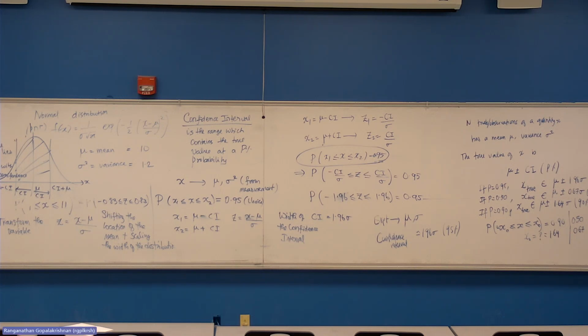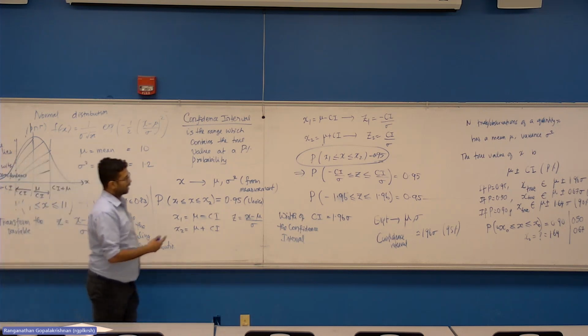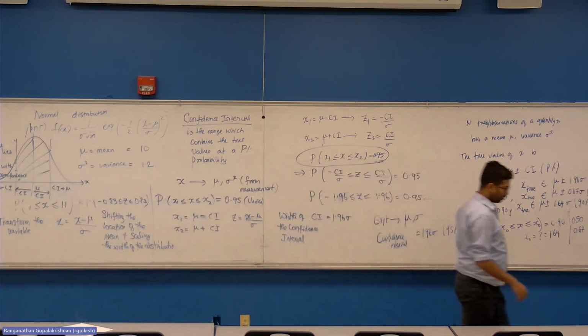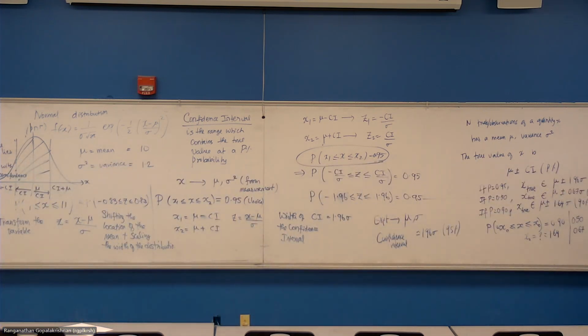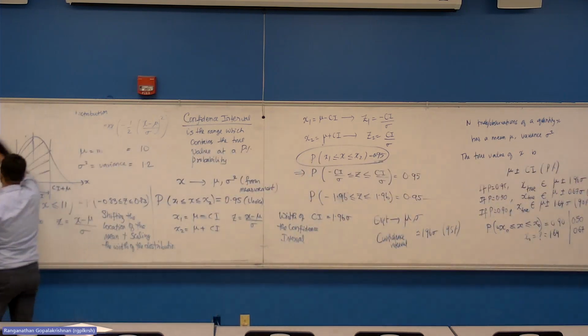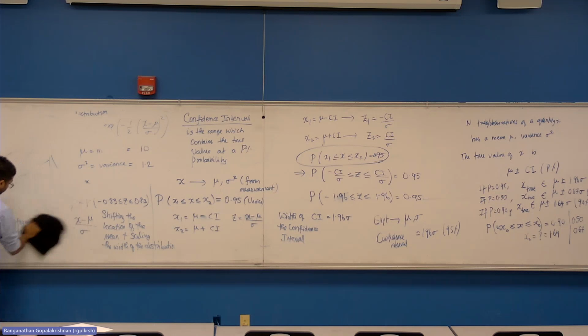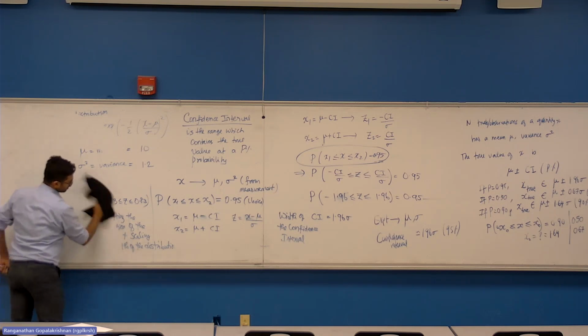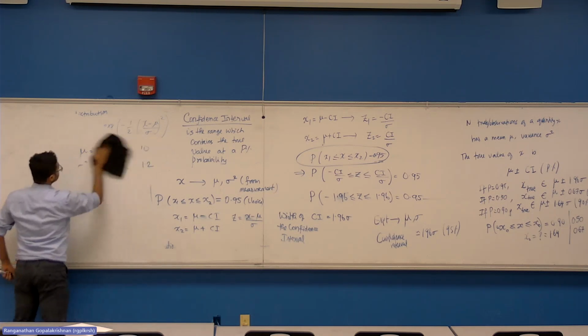That's actually pretty much what I wanted to cover related to normal distribution. So you have learned what is confidence interval. The next step, or actually, talk about this topic. So you look at confidence interval. It has several names by which you call it. Some people call it confidence interval.